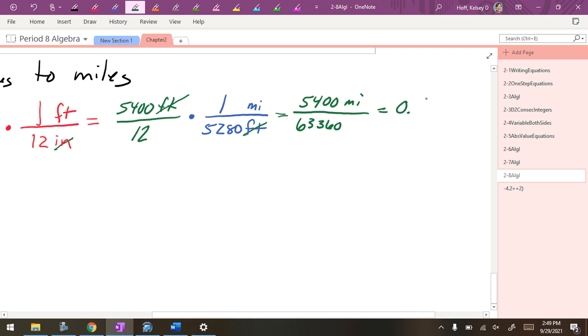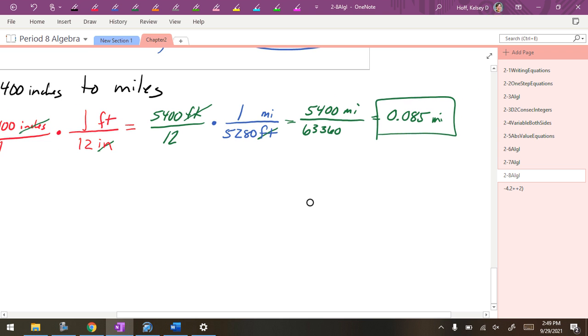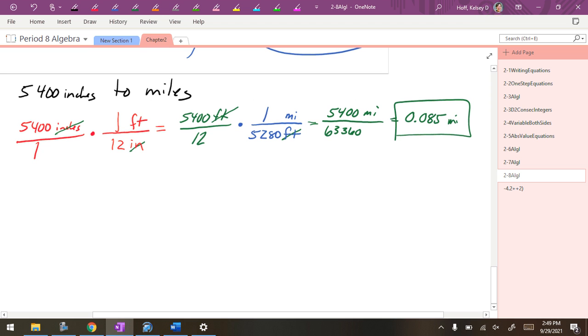You get 0.085. What's my label? Miles. So that was just one conversion, just the inches to miles. Are we good when it's one conversion? Okay. Let's do a 2 conversion one.